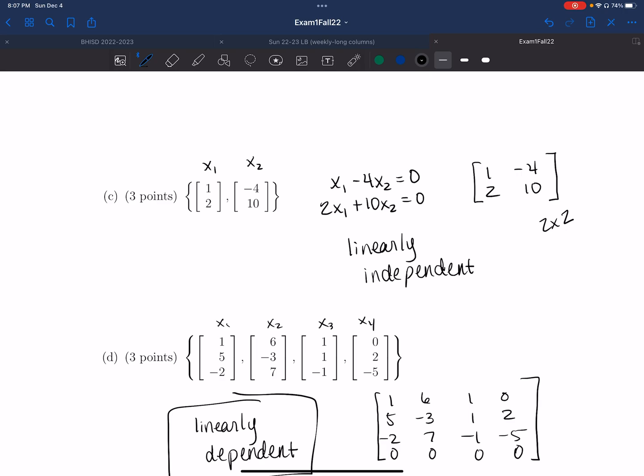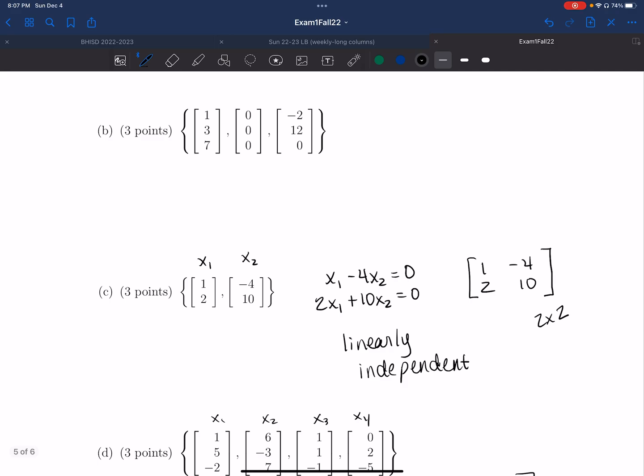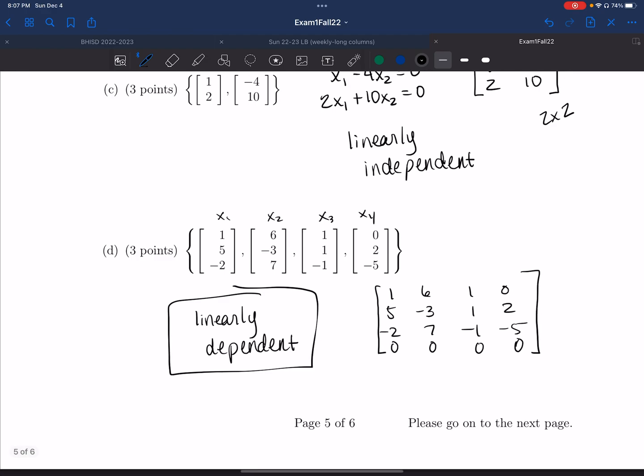Even if after I get negative 8 and 10 right here, if I wipe that out, then I've now changed the 1, 2 part. So if you can make one row look exactly like another row, then they're dependent. So C is independent because I can't make row 1 look like row 2 ever.